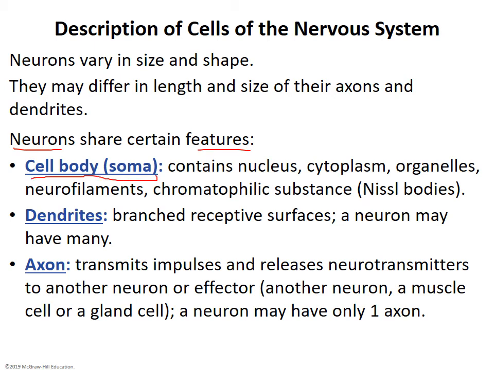And I told you just a minute ago on one of the previous, the somatic nervous system, soma means body. And we'll kind of get into that a little bit more. But it is basically a normal cell body. It's got the usual things. There are a few things. We're not going to get into this chromatophilic substance called Nissl bodies. Again, not worried about that. We don't even really know what they do. Neurofilaments aren't normal, but again, it's basically a normal cell body, a nucleus and all the organelles.